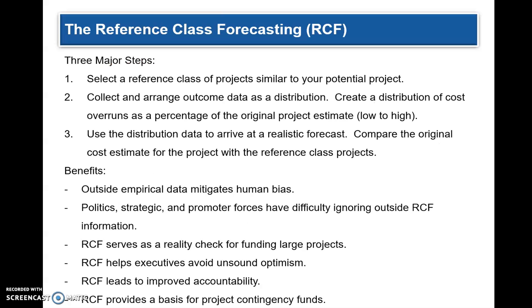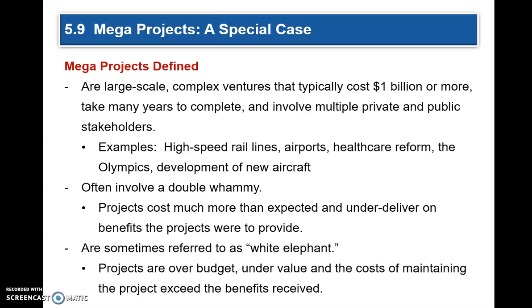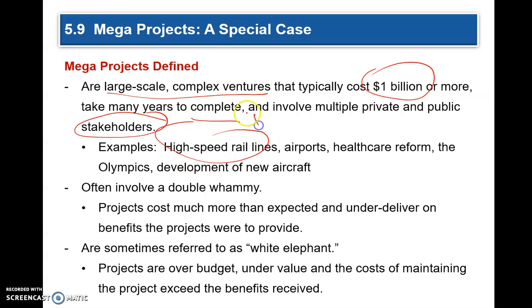For big projects, these are large-scale complex ventures costing $1 billion or more, taking many years to complete, with multiple stakeholders. For instance, high-speed rail lines, like the TGV in France in Europe.